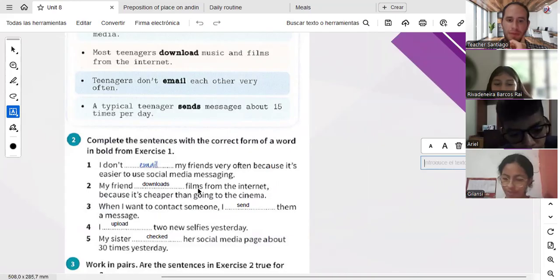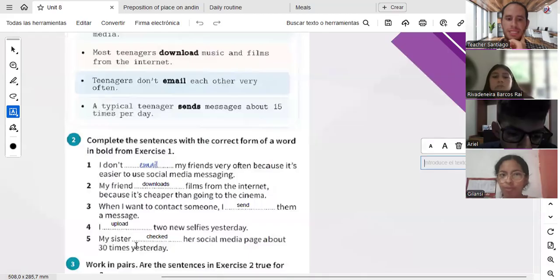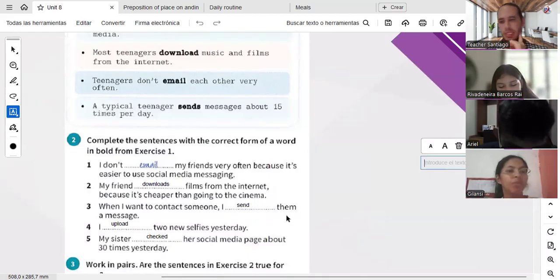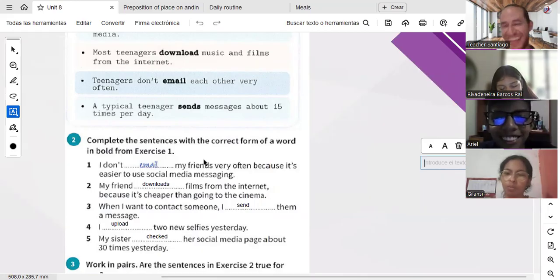My friends download films from the internet because it's cheaper than going to the cinema. When I want to contact someone, I send them a message. I uploaded 2 new selfies yesterday, or my sister checked her social media page about 3 times yesterday. Is there any true for you, Ariel? ¿Alguna de estas oraciones que sean verdaderas para usted? Which one? Todas. Okay, that's great. Thank you so much. All of them.